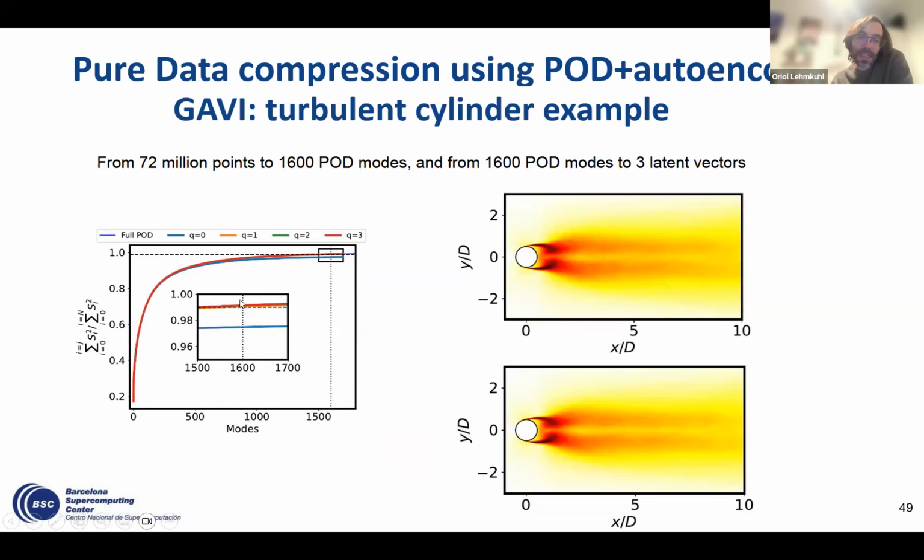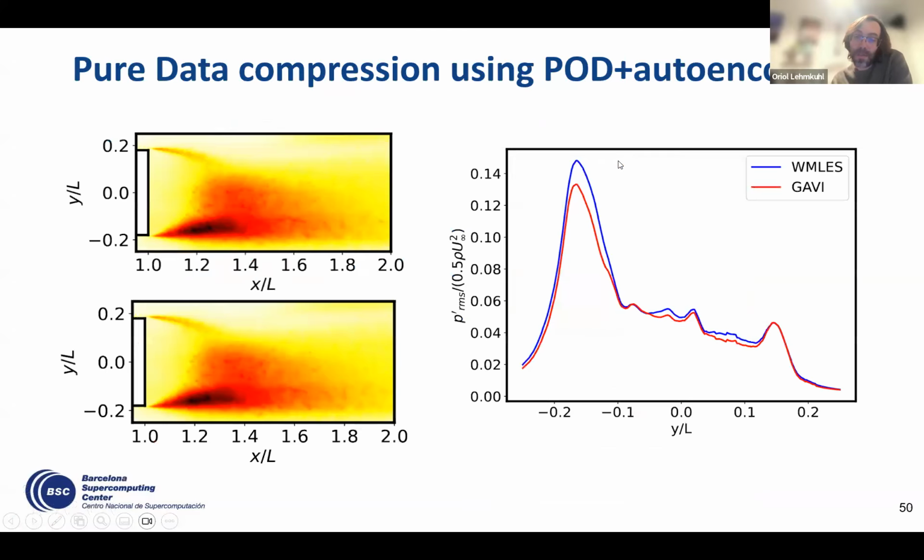And then what you can see is that with just three latent vectors, we can recover all the energy that we were having with the full POD. So we go from needing to store these 1600 modes to just three latent vectors. So it's a huge improvement.